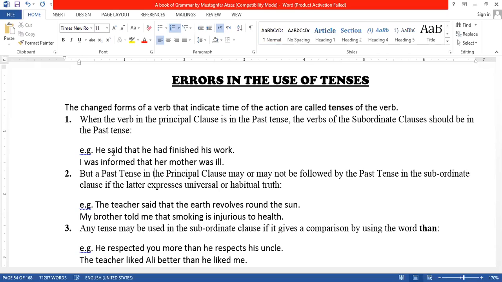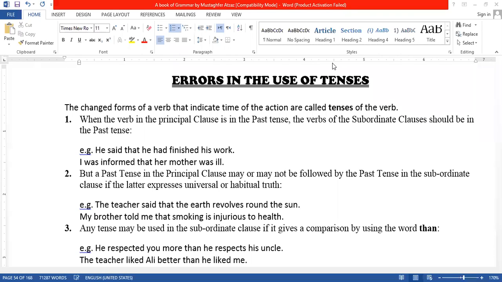Now look at the second rule. A past tense in the principal clause may or may not be followed by the past tense in the subordinate clause if the latter expresses a universal or habitual truth. Got my point?